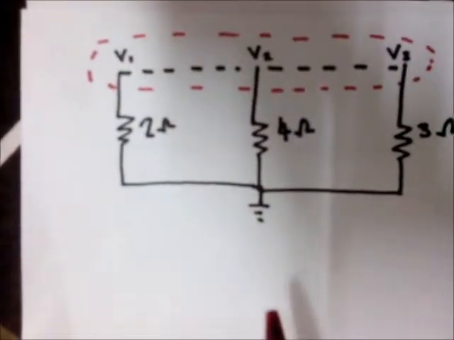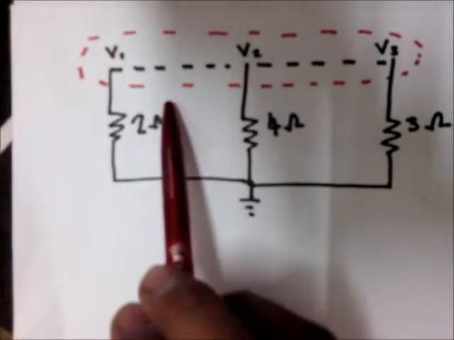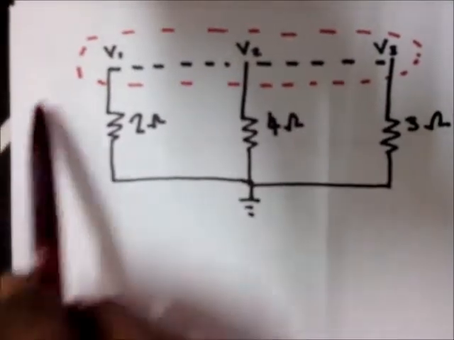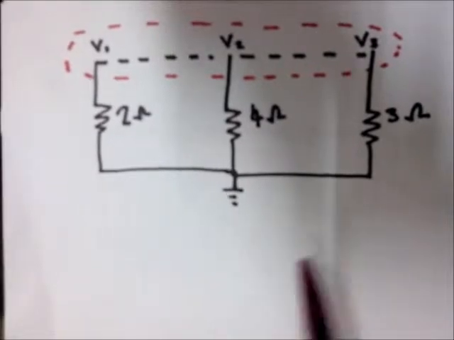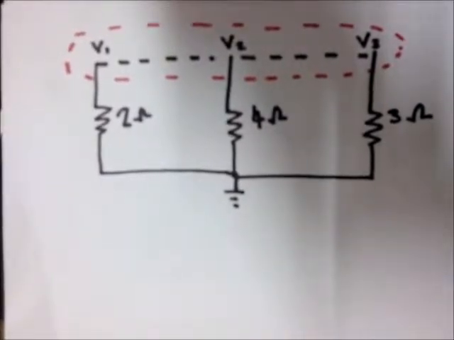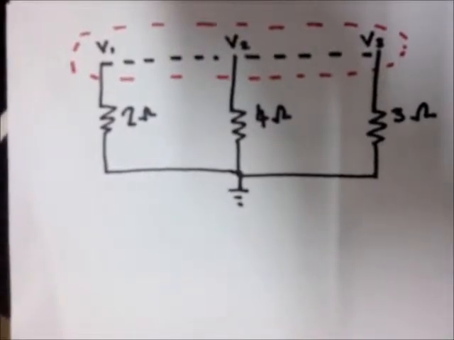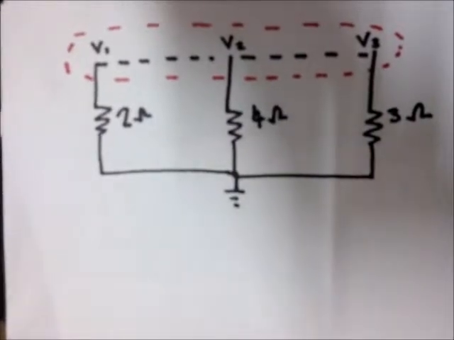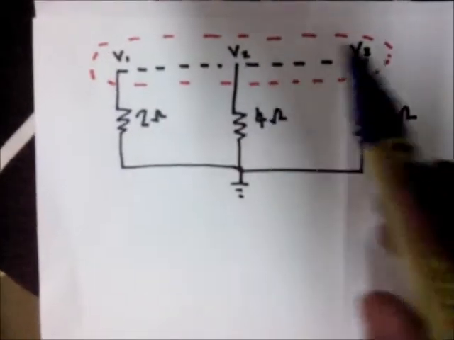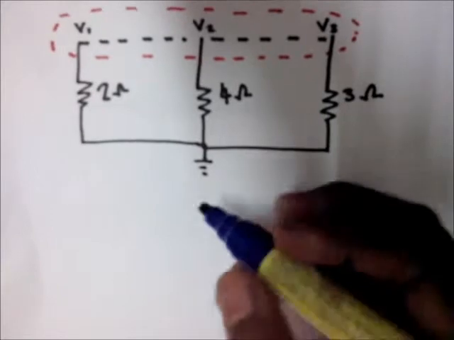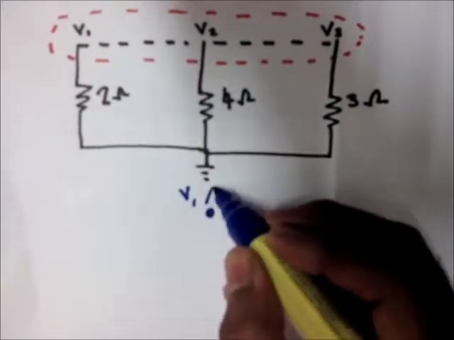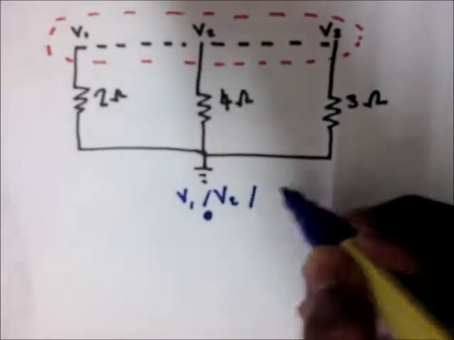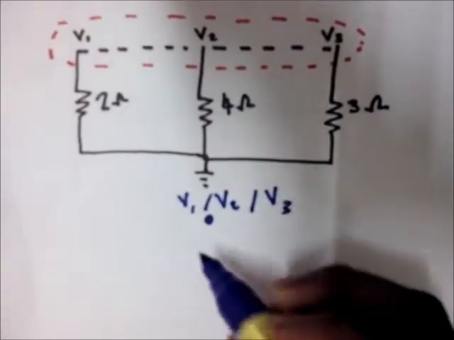In this step, after the voltage source is taken out, this is the form of the circuit. To simplify and get an easier loop, we will draw the circuit again. So V1, V2, V3 are in the same node.